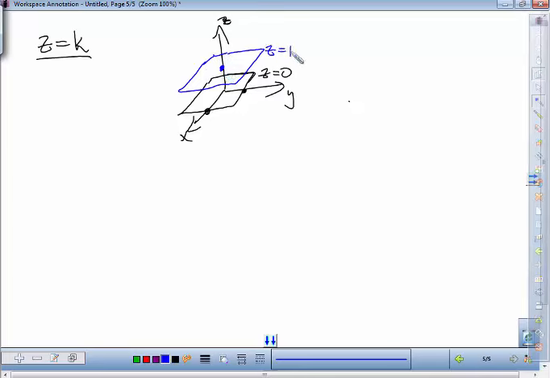z is equal to 1 would be the same plane, except it got shifted up by 1. We can have the negative planes down as well. z is equal to negative 1 would be the same plane shifted down 1. Okay?